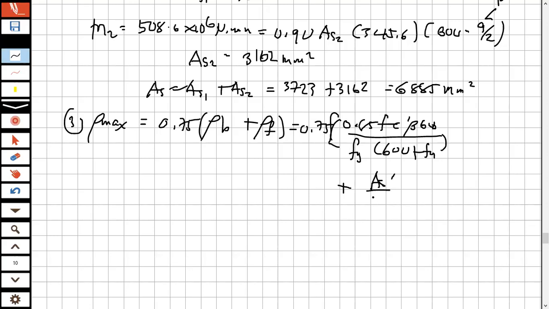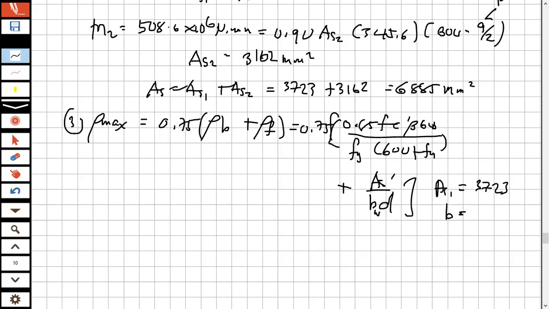over bd. Take note that As1 we already computed earlier: 3723. b is equal to, take note, this is bw. Because b is the width of the flange, which is 1,350.